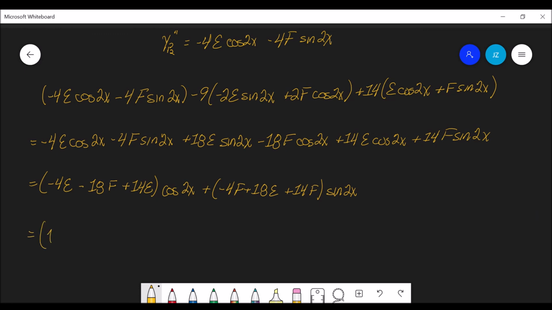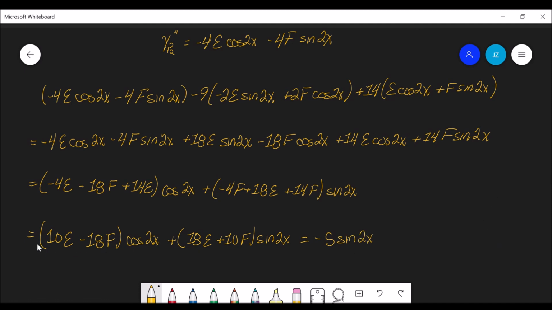This will give us 10e minus 18f for cosine and 18e plus 10f for sine. And this has to equal negative 5 sine of 2x.